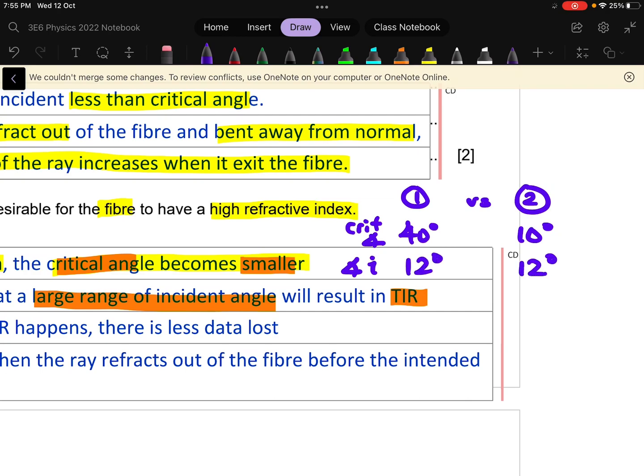If I have an incident angle of 12 degrees, you can see that in case 1, my incident angle is lower than the critical angle, so you won't have any TIR. But for case 2, if I have an incident angle of 12 and my critical angle is 10, it means that I will have TIR.